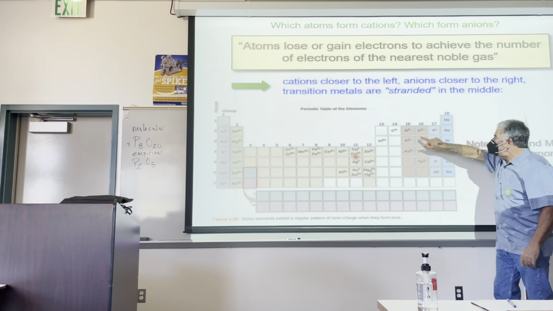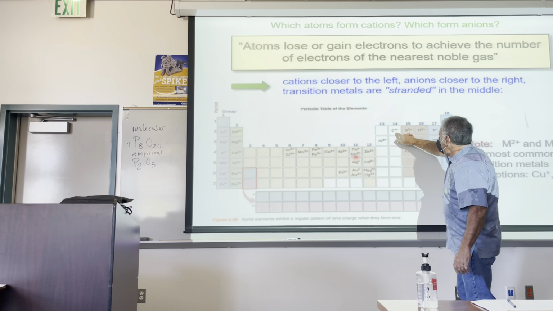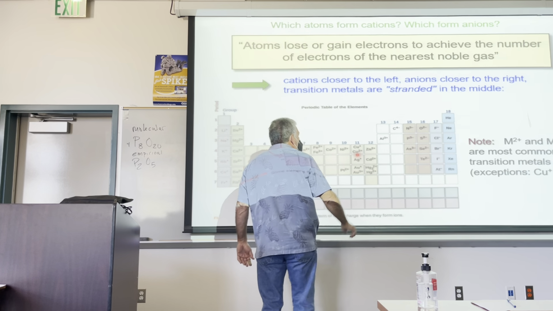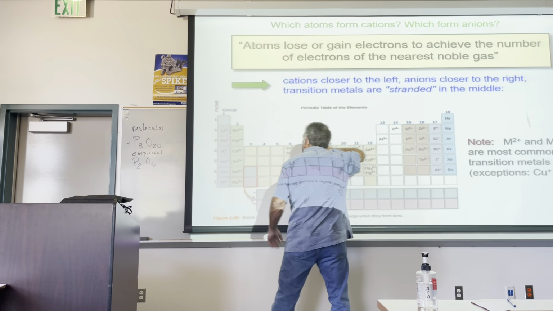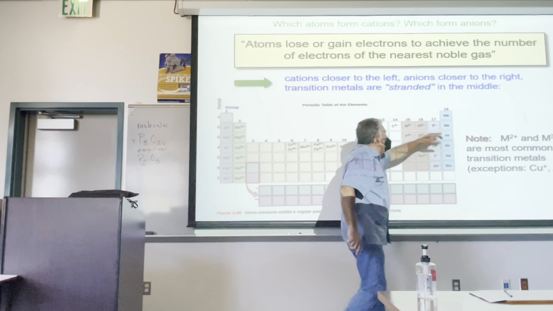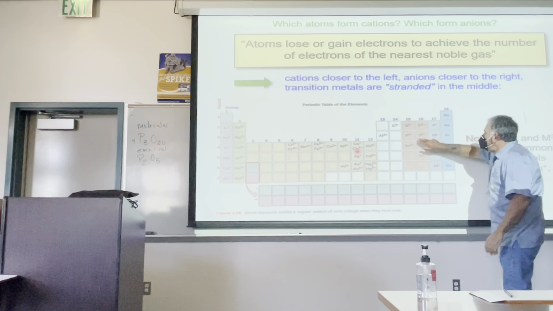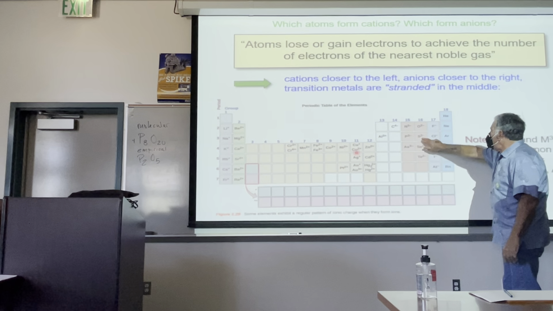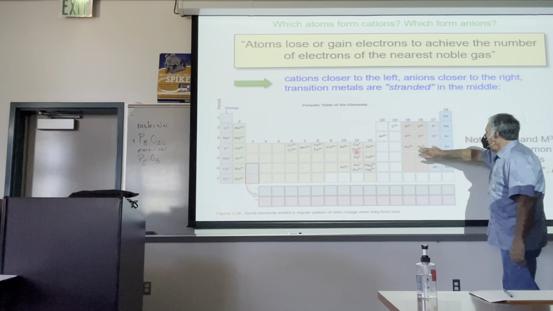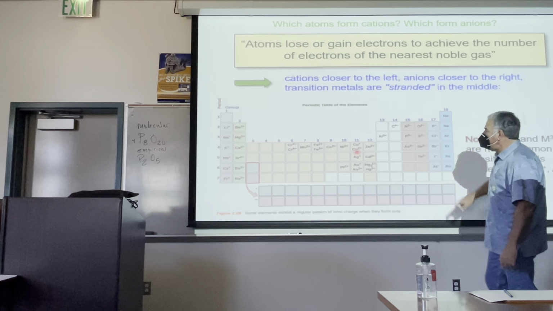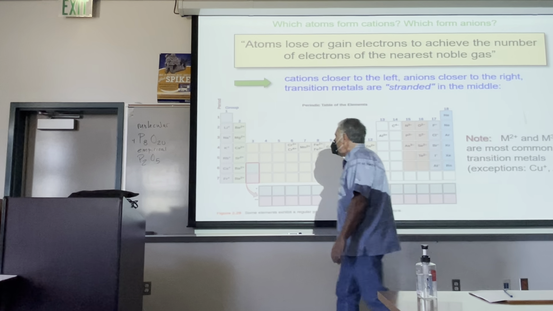Nitrogen is a funny one because it can lose 5. 1, 2, 3, 4. Is that 5? Oh, this one too. 1, 2, 3, 4, 5, and now it's here, right? And then what else do we have? Phosphorus adds 3 to get to 8. Arsenic adds 3 to get to 8. Tellurium adds 2 to get to xenon. Okay?